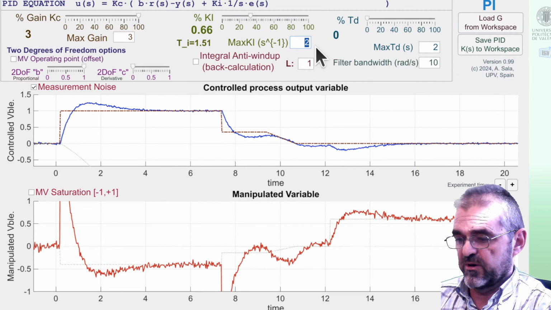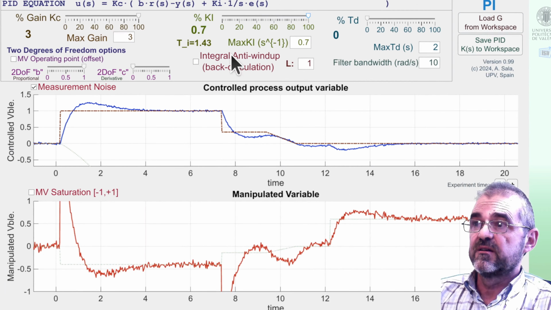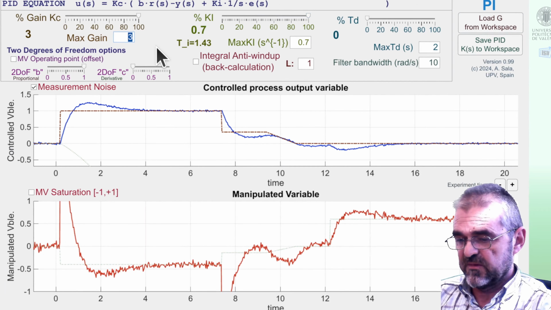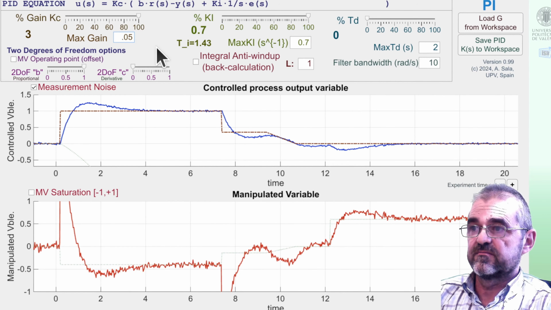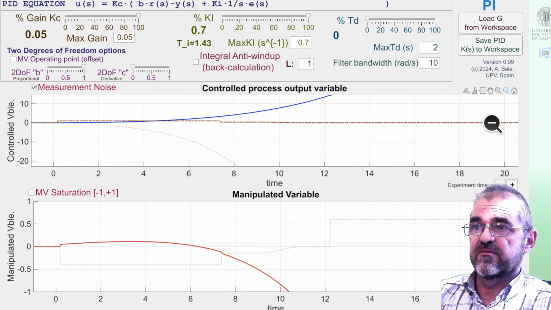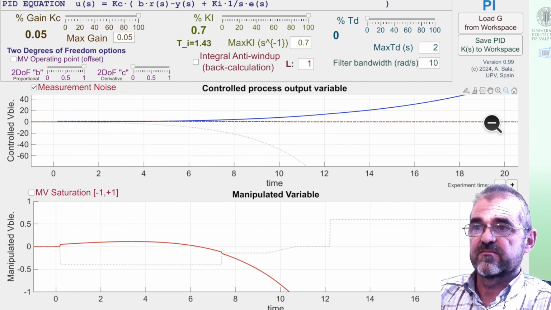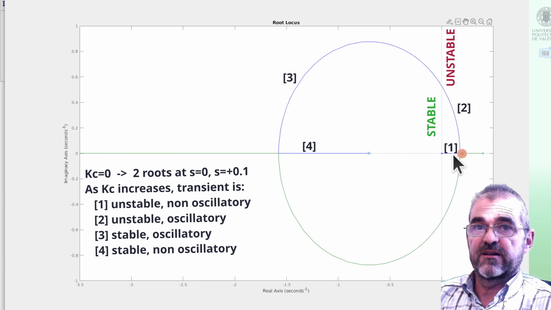I will fix 0.7 my integral action gain, and then let's see. If I put, for instance, 0.05, very small Kc gain, then I see that the response just increases exponentially with no oscillations. So we are in this part of the response.